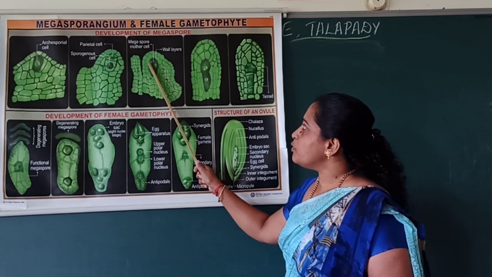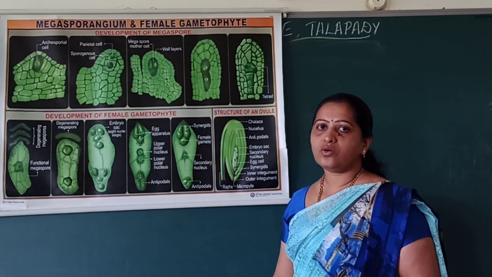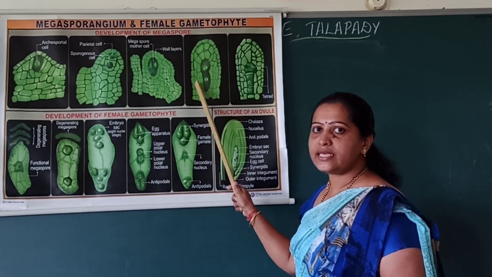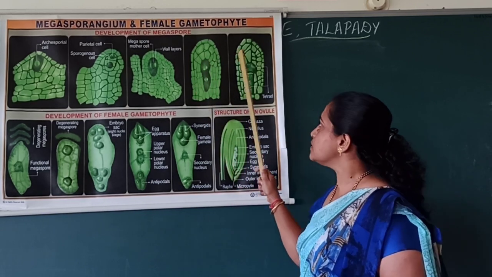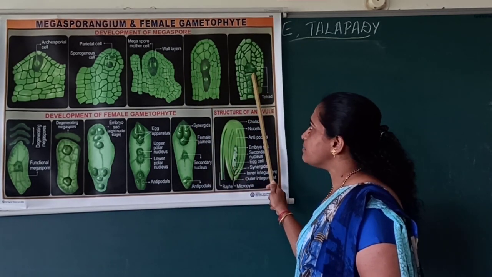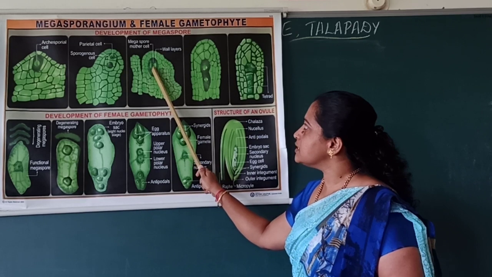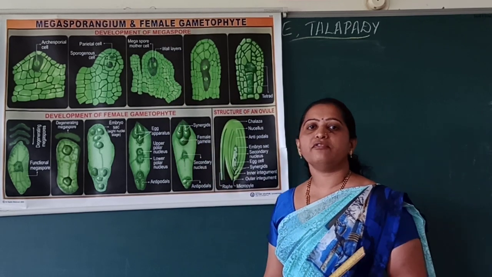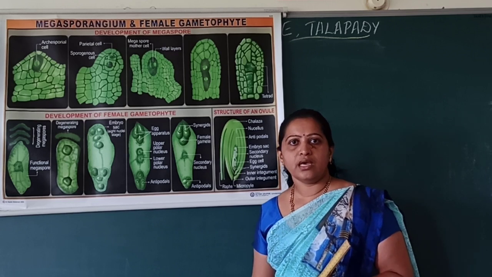So this megaspore mother cell then undergoes division to form two cells, and these two cells further undergo division to form four cells. So what type of division takes place here? The megaspore mother cell undergoes meiotic division that we have already discussed in the definition of megasporogenesis.